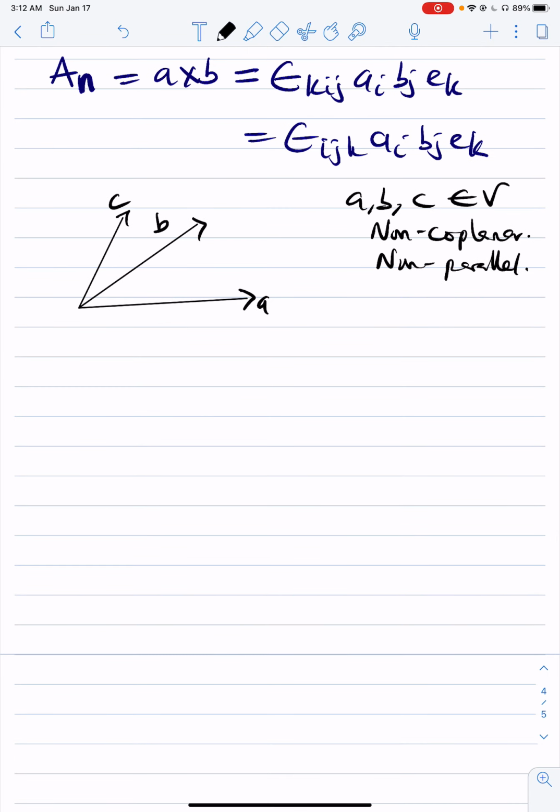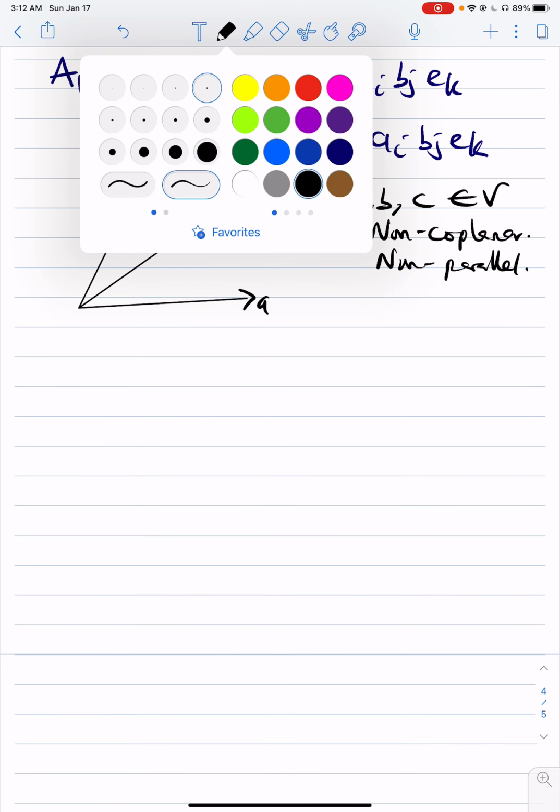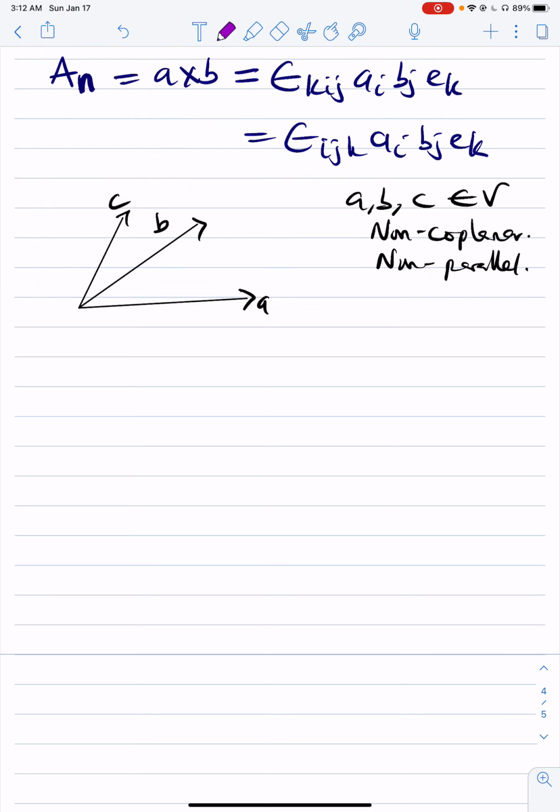So if you look at it, what this means is that B and A trace an area, right? Let's see if we can color that area in. B and A cover an area. Right.